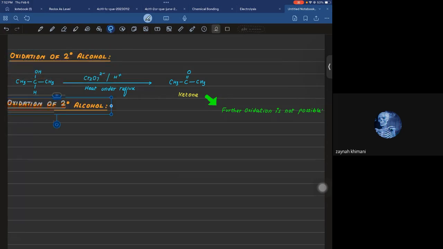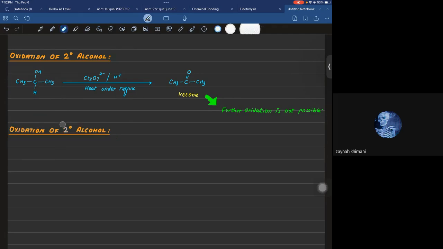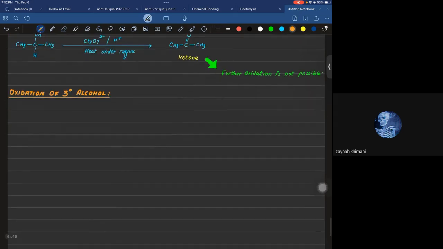Then I have oxidation of tertiary alcohol. So tertiary alcohol is this. Let's suppose CH3, then I have OH, CH3, then CH3.